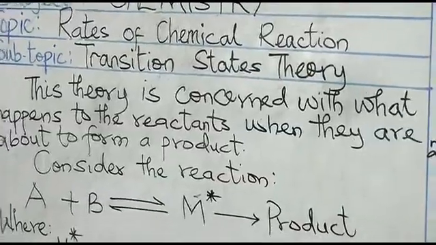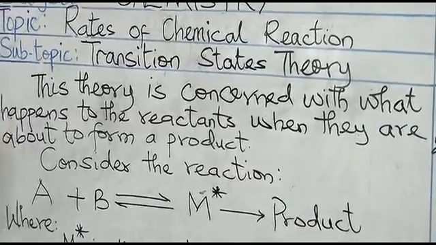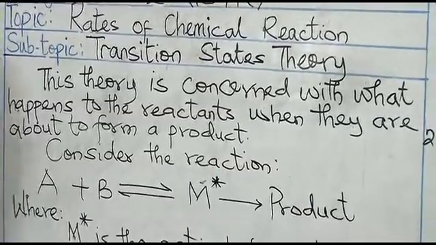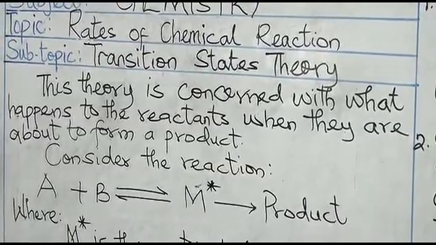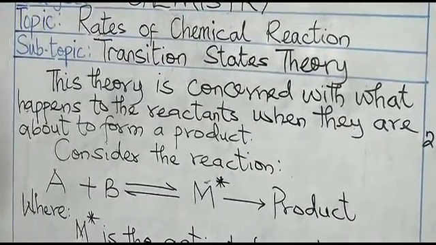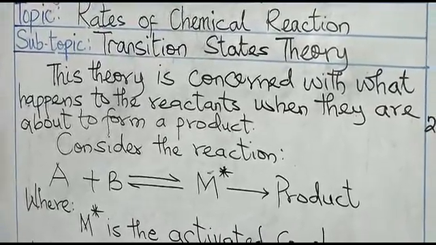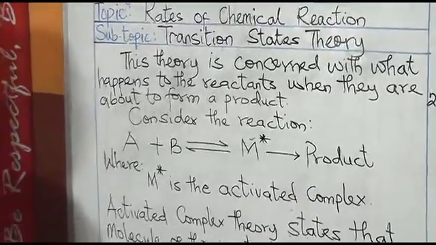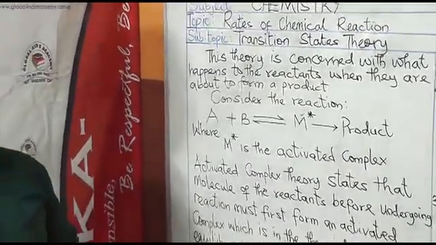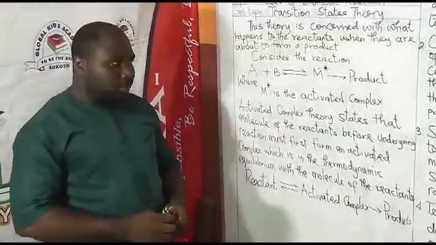Transition state theory is also known as activated complex theory. This theory is concerned with what happens to the reactants when they are about to form a product. The theory is all about reaction mechanisms, that is, the phases of reactions.